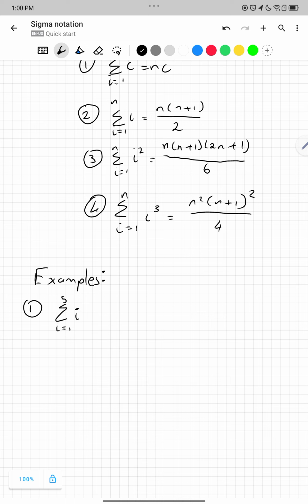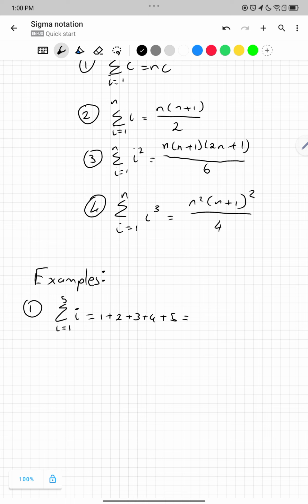So evaluate this up until term 5, the 5th term. So what we're going to do is expand, but we still can use the formula, which will get the same answer.